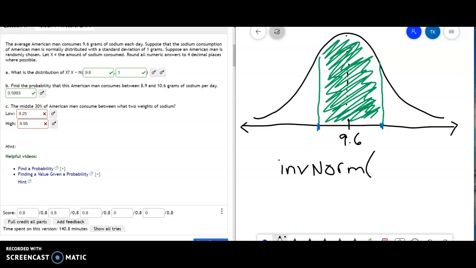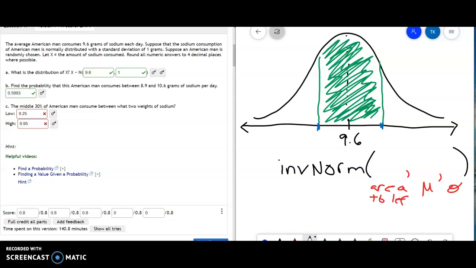Let me say that again: area to the left of the number you're looking for, then mu, then sigma. The tricky part of inverse norm is knowing that the first number has to be a decimal between 0 and 1, the area under the curve to the left of the number that you want.